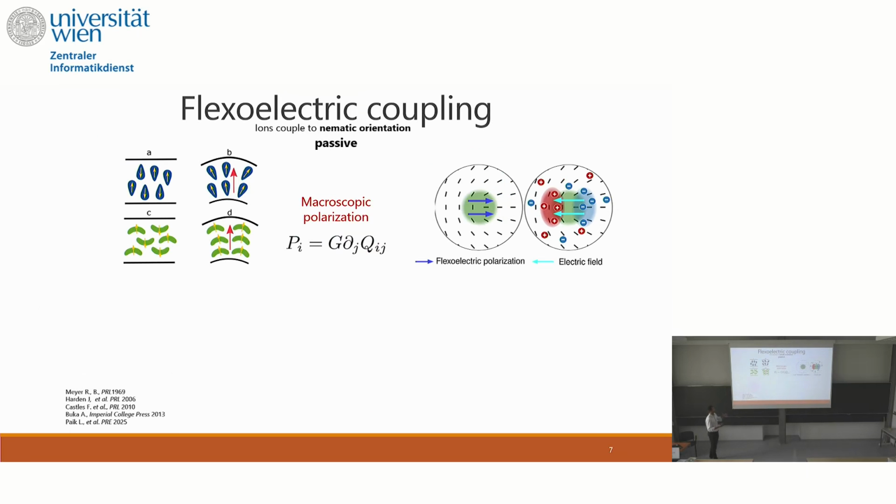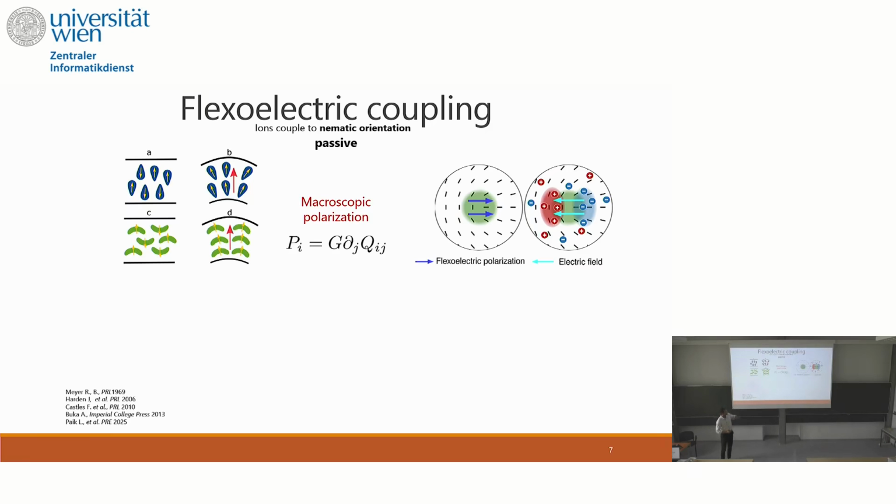So let's look also at the flexoelectric coupling. Again, the flexoelectric polarization comes about when we have nematic molecules that have electric dipole and are also anisotropic in shape. So when there is some deformation in the system, the molecules align in the same direction. So we get some macroscopic polarization, which we model with this expression.